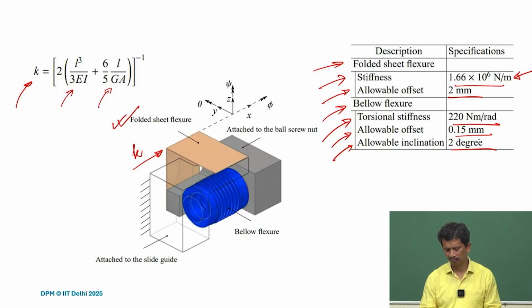So 2 degrees is quite a big number. So it may not be that big. So this is how we work, and if you are doing some design for precision application, I think we have to be careful. It's not just the CAD, but we have to also look at the applications and try to work with those numbers.